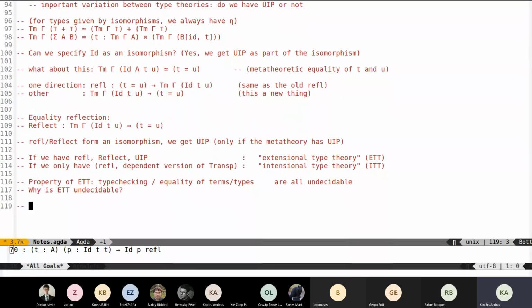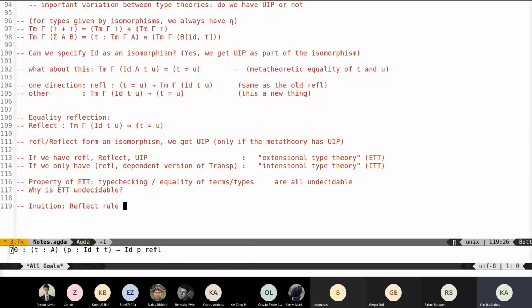And I can give some intuition, and then I can also give a concrete proof, not a fully formal proof, but a more or less complete proof of undecidability of ETT. So the intuition is that the reflection rule kind of hides information.